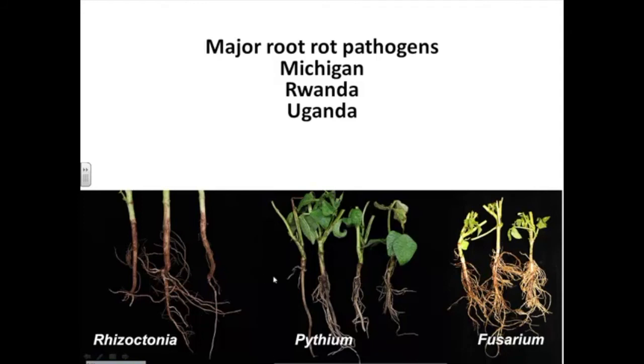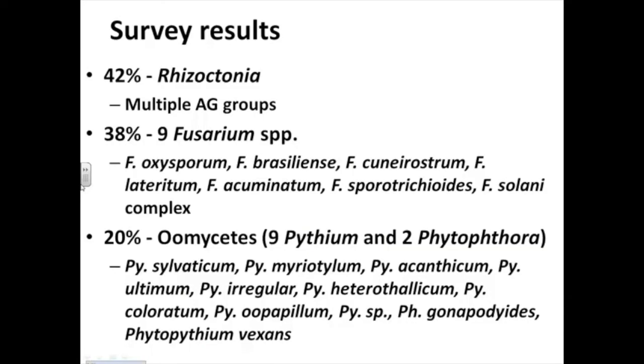All right? So Rhizoctonia turned out to be the most common cause of diseases, but even though it's a single species, there were multiple anastomosis groups that were showing up. So a single species accounting for most of the root rots, but diversity within that species. Okay?